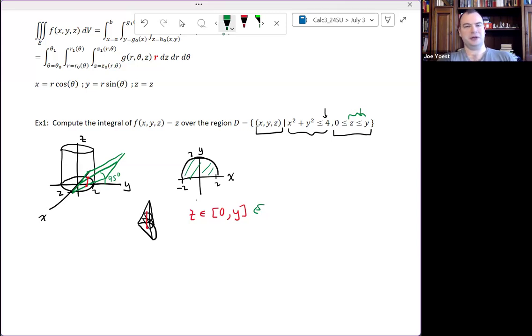And I think it's pretty clear that cylindrical coordinates will work nicely here. Describing this xy region in essentially polar coordinates, that's essentially what we're doing with cylindrical coordinates. And that's going to work nicely to describe this piece of circle. So instead of x and y, I want to describe it in terms of r going from 0 to 2 and theta going from 0 to pi.